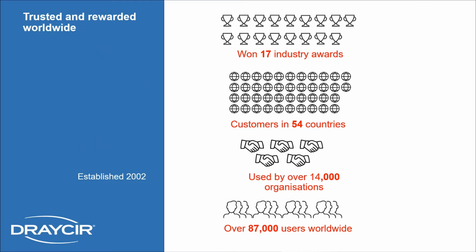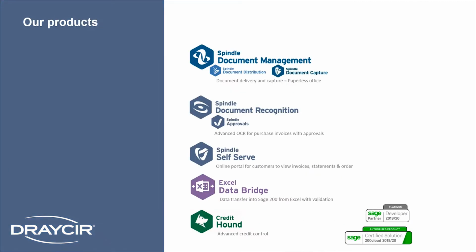A little bit about our products as well. Very briefly, we focus on document management as one of our key areas. We have this document management suite, which involves Spindle document distribution, for sending out documents from Sage 200, and document capture, which brings them back in.